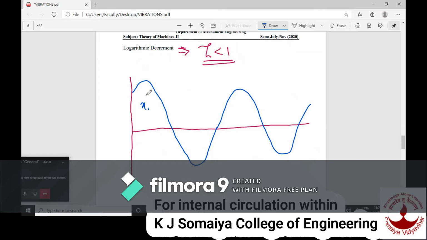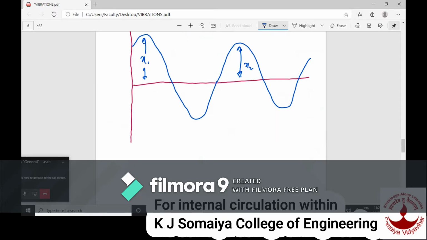So if I take this as x1, the amplitude in the second cycle as x2, and it continues. So what we can write for an underdamped system, in case of logarithmic decrement, is xn to xn plus 1 will be equal to x0 by x1 equal to x1 by x2 equal to x2 by x3, and so it will be continuous.